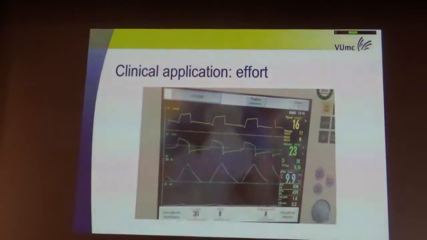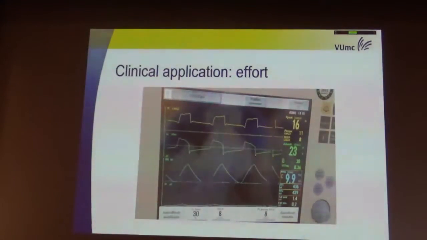Nevertheless, it's still helpful. Look at this patient that was in our ICU some time ago, a patient with COPD, weaning from the ventilator, 8 of pressure support, 8 of PEEP. And if the video wants to start, it shows right here pressure, flow, electrical activity.